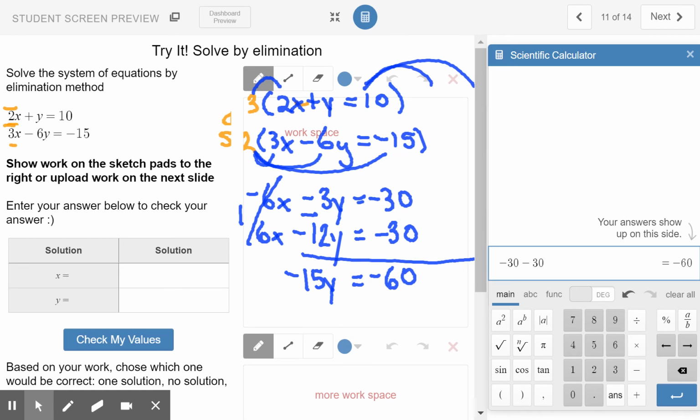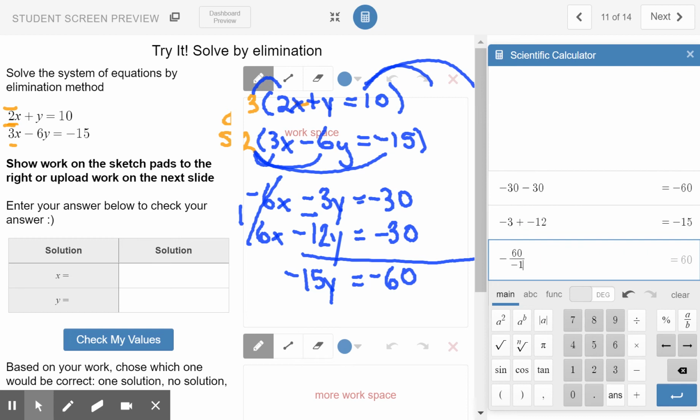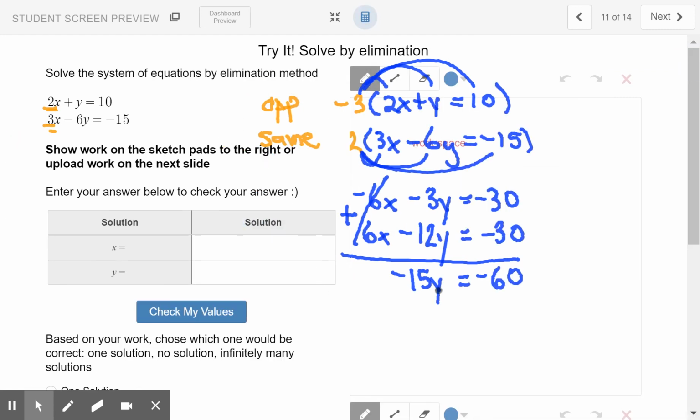Just input exactly what you see. You can even do the coefficients: negative 3 plus negative 12. That's how I got negative 15. If you're worried about division, it gets you a positive 4. So that calculator is there for you at all times.